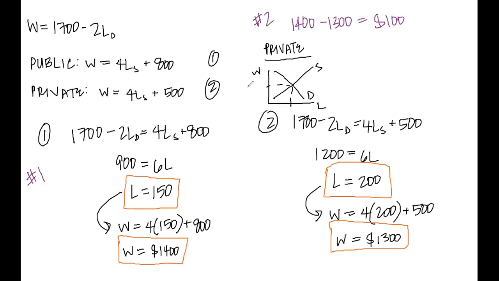We have our equilibrium values. In the private school system, we can see that the wages are lower than the public school system. So what we should expect is, because teachers want higher wages, they're going to switch over to the public school system.